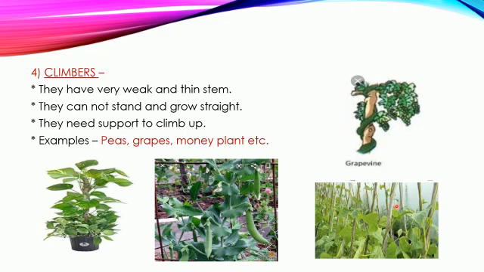Sticks are there and it has wrapped itself around these sticks and is growing in the upward direction. So these types of plants have a very weak and thin stem, and that's why they cannot stand straight. They need support to climb up. Examples are the peas, grapes and money plant.